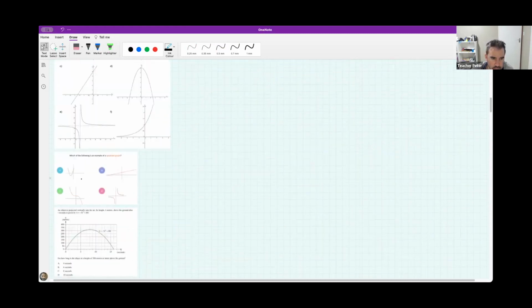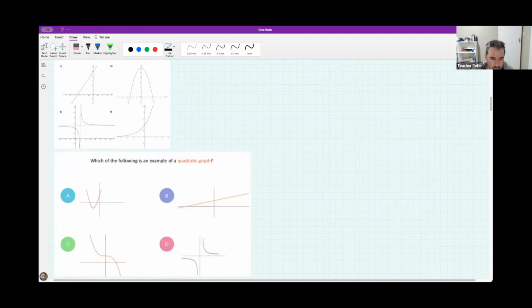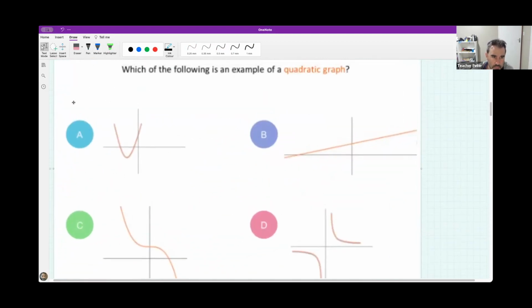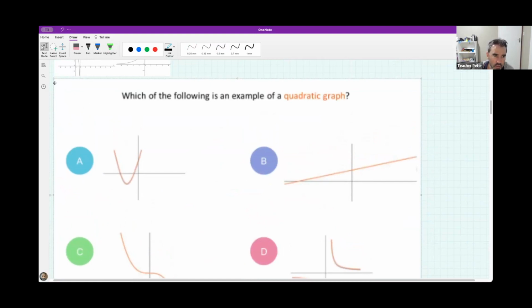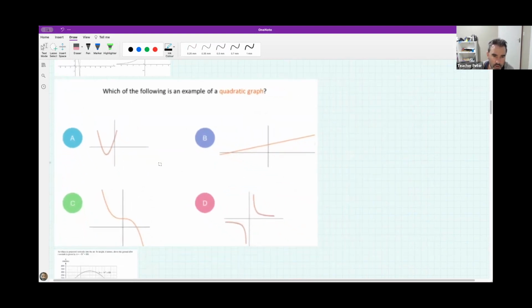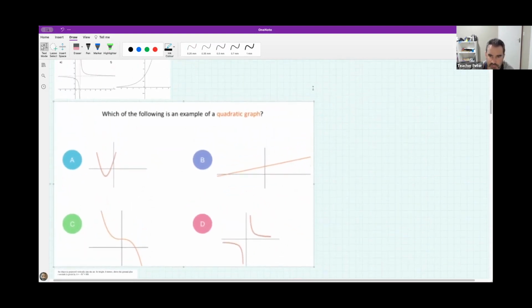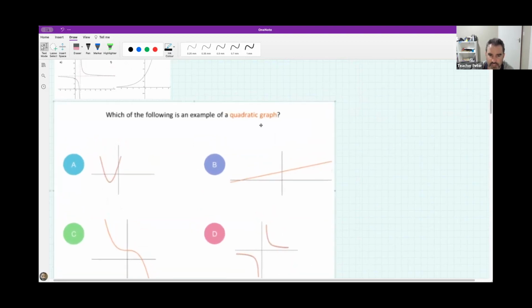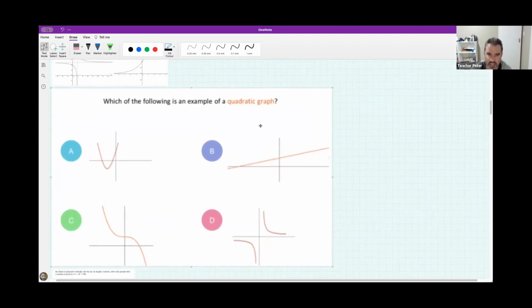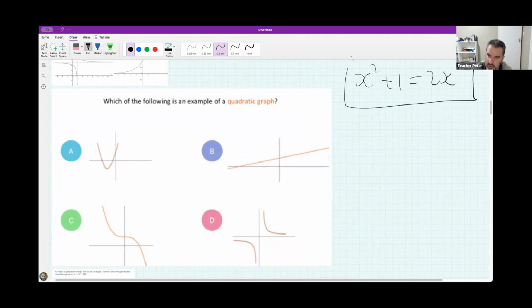Okay, I want you to tell me which of the following is an example of a quadratic graph. Now, a quadratic graph is the graph that goes with a quadratic equation. And a quadratic equation is something that has a power of 2 in it, right? So that would be a quadratic equation.